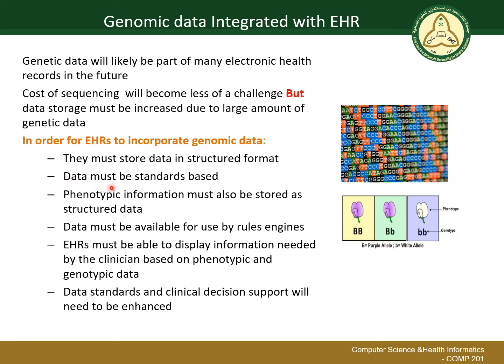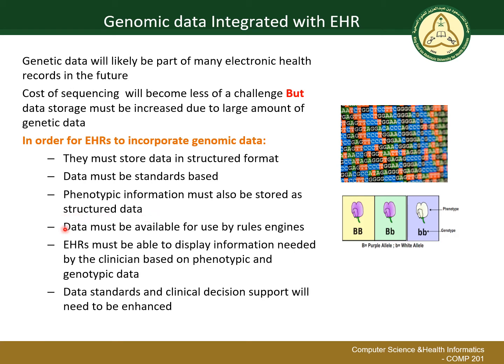Data must be standard based, so we need to figure out a data standard that can be suitable for the genomic data, so it can be shared. And phenotypic information must also be stored as structured data. So all the physical information should also be stored as structured data to make it easier for the computer to understand, process and compute.